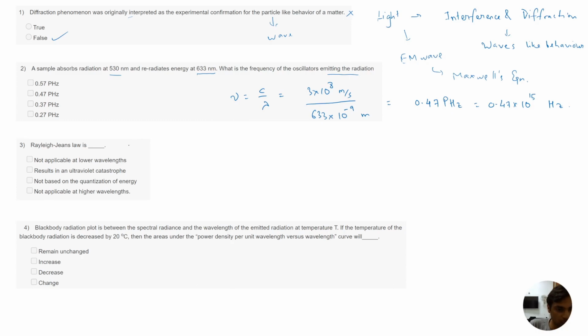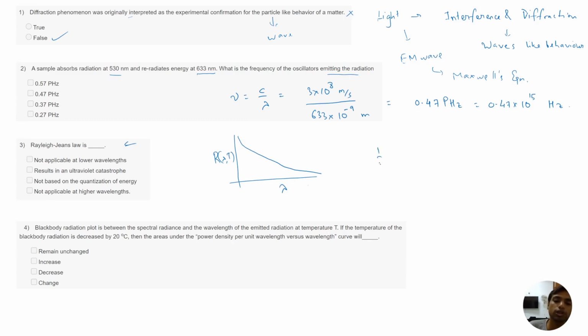So Rayleigh's law. What is Rayleigh's law? Rayleigh's law says that this is R lambda T, and this is your lambda, and Rayleigh's law looks like this. This is the spectral radiance of a black body.